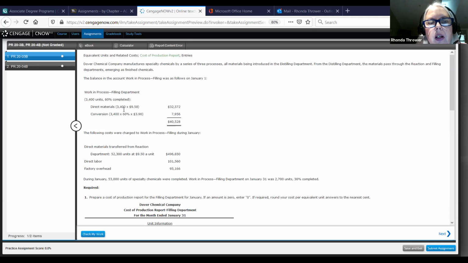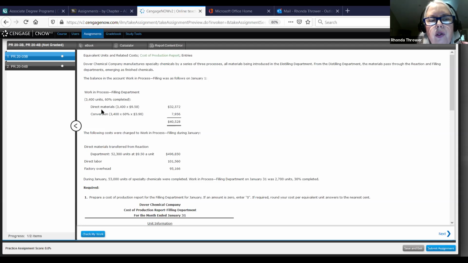So they're telling you here that they had 3,400 units in work in process, and that the materials cost per equivalent unit that they calculated last month was $9.58. So if you multiply 3,400 times 9.58, you can see where they get this 32,572.